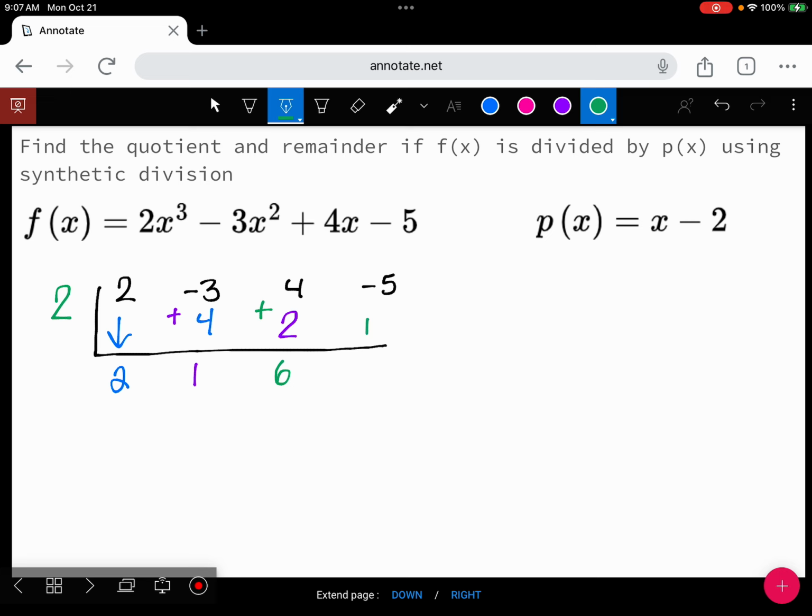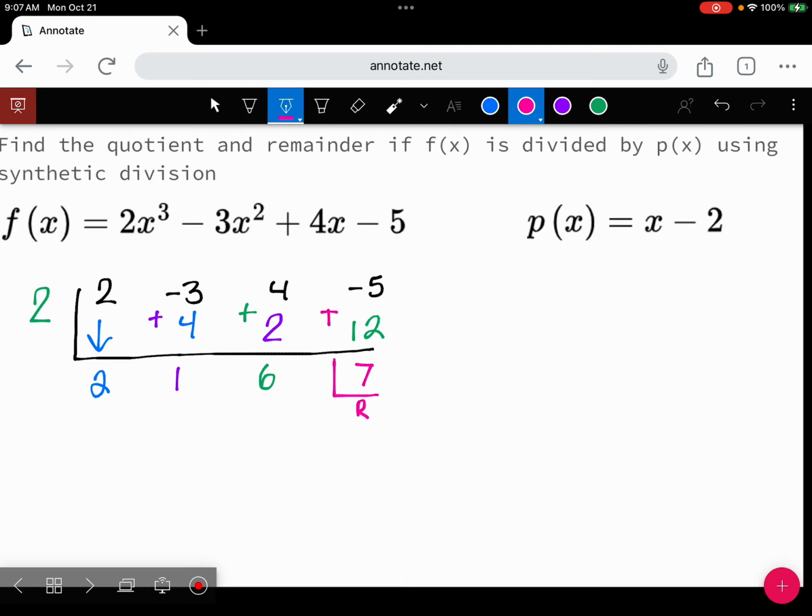Bottom times the left, 6 times 2, that gives me 12. And then we add. 12 plus -5 is 7. This is my remainder. So is x minus 2 a factor of f of x?